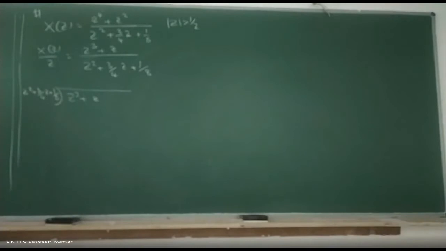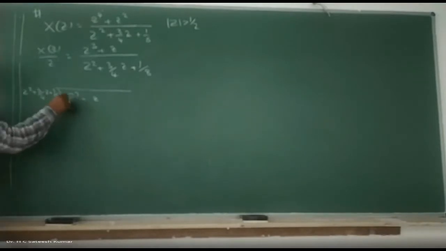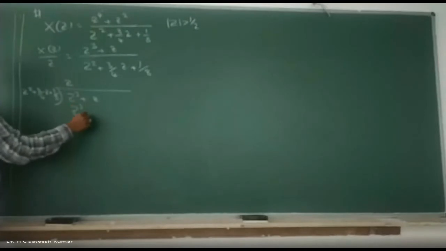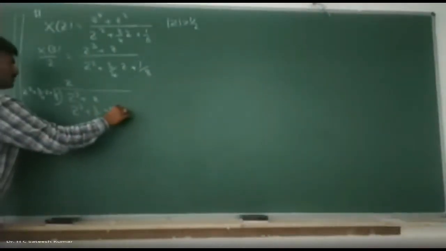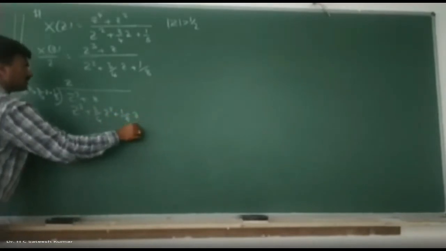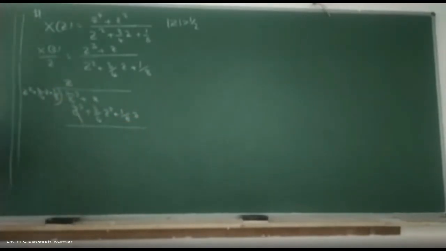If you want to get Z cube, multiply by Z. So what will you get? Z cube plus 3 by 4 Z square plus 1 by 8 Z. This will get cancelled.